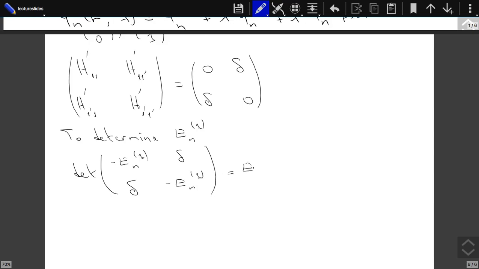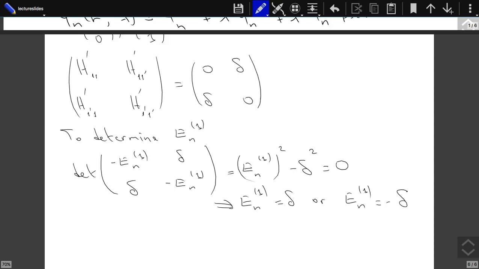This is equal to E_n^1 squared minus delta squared, and this should be equal to 0. So now we know the eigenvalues, the possible first order corrections. E_n^1 is either equal to delta or E_n^1 is equal to minus delta.